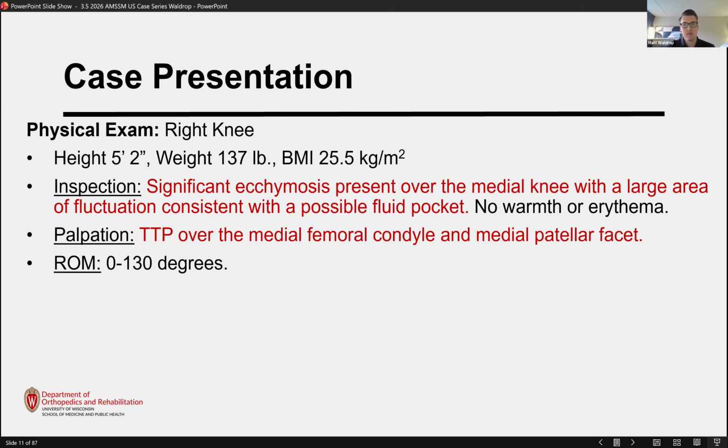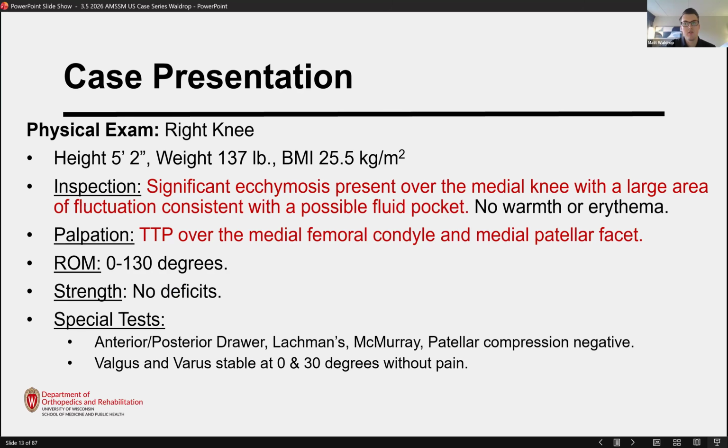No range of motion deficits are present involving the right knee with active or passive range of motion, and no strength deficits are noted with resisted knee flexion or extension. Anterior, posterior drawer, Lachman, McMurray, and patellar compression testing are all negative, and then valgus and varus testing is stable at 0 and 30 degrees of flexion with no pain.